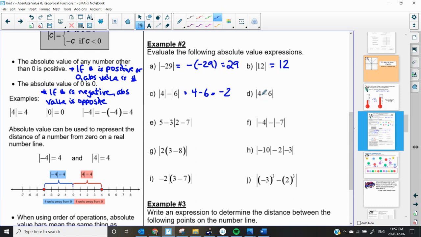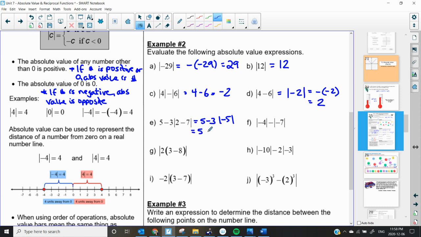Now for the next one here, I have the absolute value of 4 minus 6. So that becomes the absolute value of negative 2, which then becomes the opposite of negative 2, and that's a positive 2. For our next example here, we have 5 minus 3 times the absolute value of 2 minus 7. We first have to evaluate the 2 minus 7, which is the absolute value of negative 5.